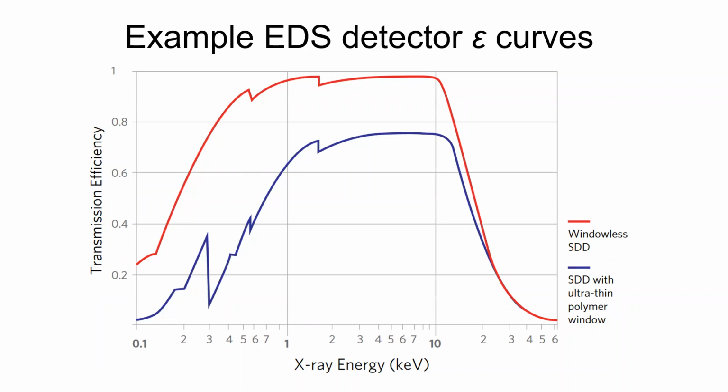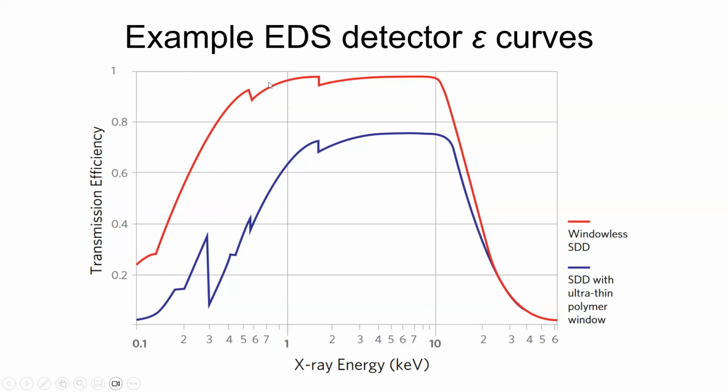Okay, the reason that detectors had windows for the longest time was to prevent contamination from getting on the detectors. But because the vacuum systems and the TEMs are so good now, they're basically irrelevant and unneeded. Okay, so we don't make detectors that have windows anymore. Okay, and you can see the result of doing that is we get a lot better performance out of the detector.